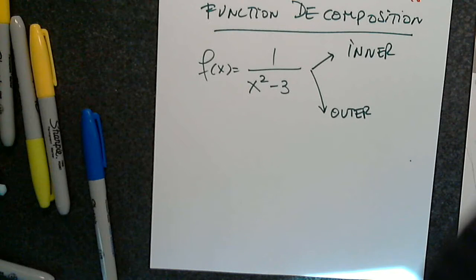To illustrate that basically 1 over x squared minus 3 is obtained using at least, there is more than one correct answer here, at least two functions. When we create the function composition, we will determine this.